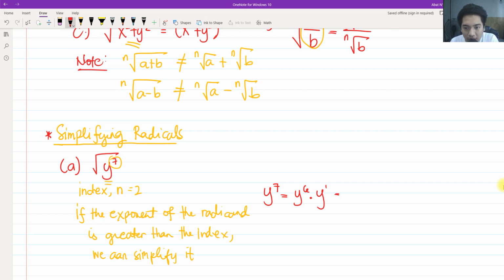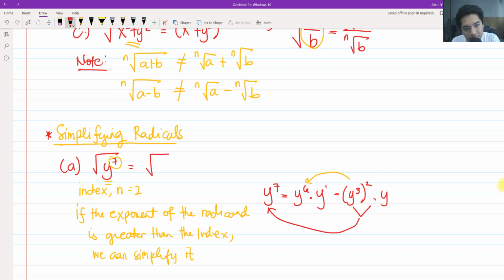We can also rewrite y raised to 6 as y cubed squared, which is still equivalent to y raised to 6, and of course multiply it by y. Why are we doing that? Because we need that exponential form to simplify it on the radical.